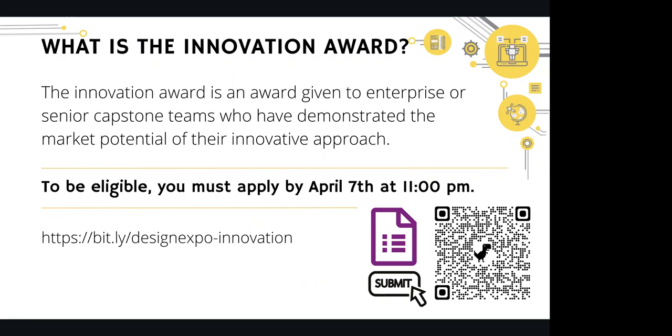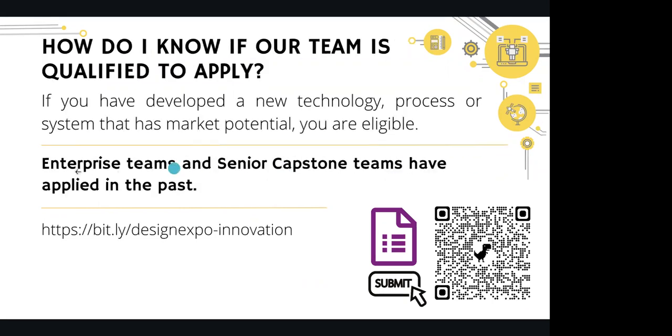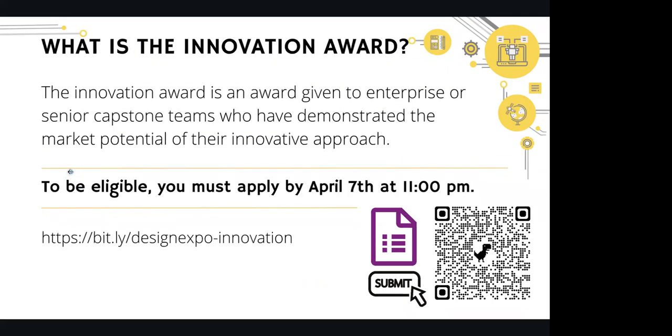To be eligible, you have to apply. We do have a registration form, and go ahead and reach out to me or Mike or Bree, or take a picture of the QR code and apply that way.